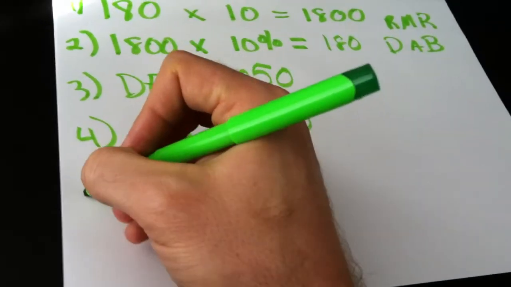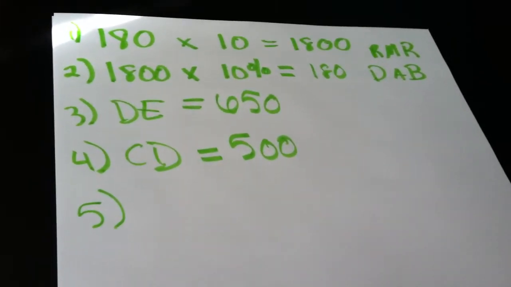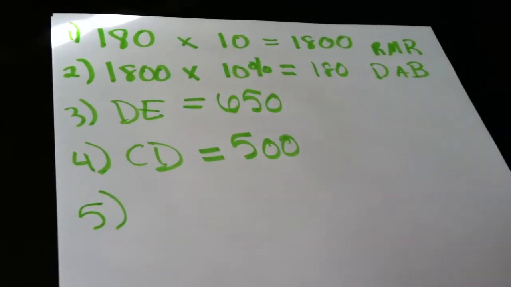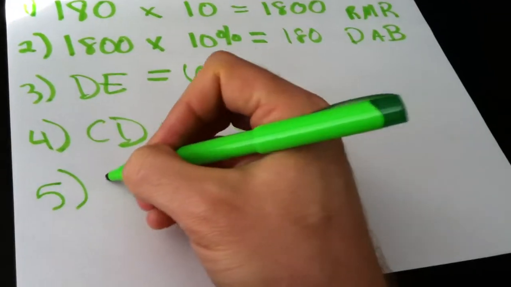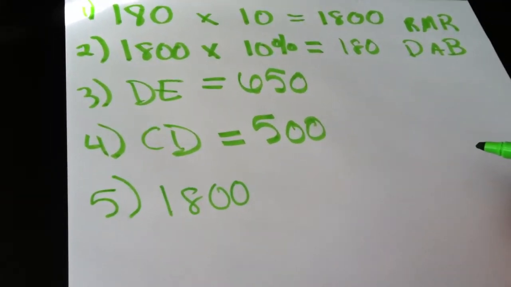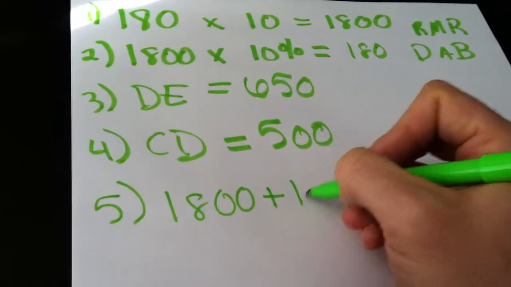And then step 5, we are going to now plug these numbers into our equation, which is our resting metabolic rate, which we saw was 1800. And then we're going to add in our daily activity burn, which was 180.